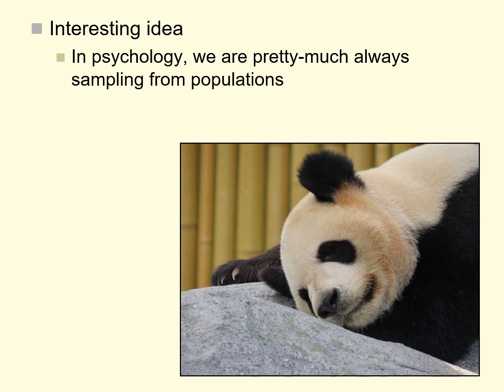But outside of that weird example, and why are you studying pandas in psychology anyway? I don't know. Outside of that weird example, you're almost always treating your data in your sample as just that, a set of values which are drawn from a larger population, which is much, much bigger, and which we're trying to estimate in some way, as we've discussed in past lectures.